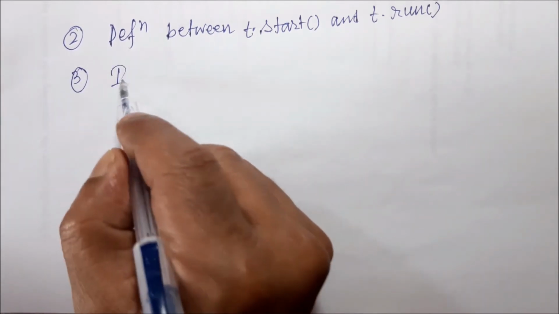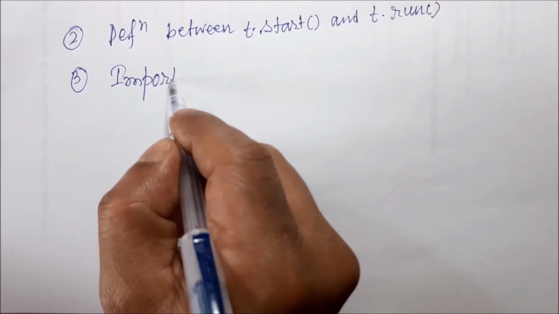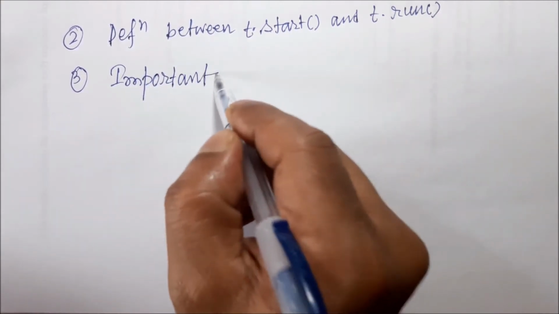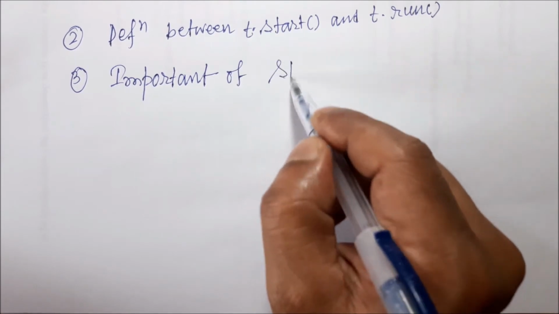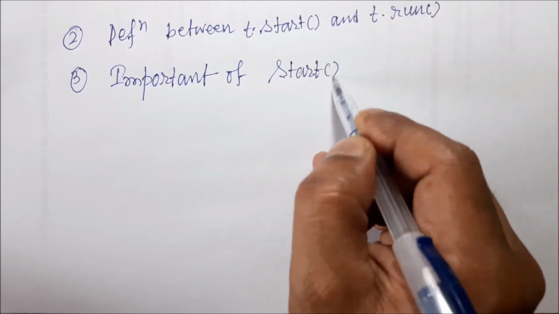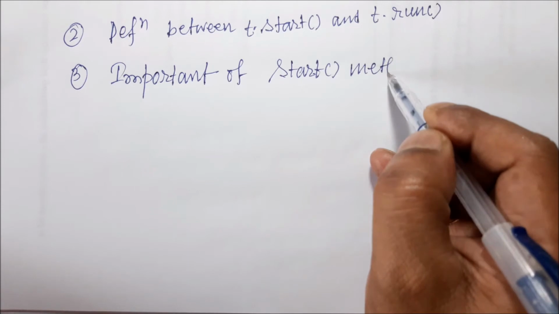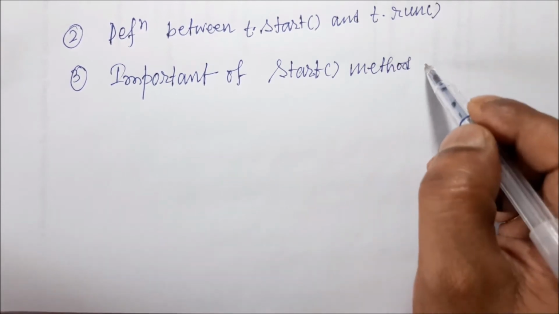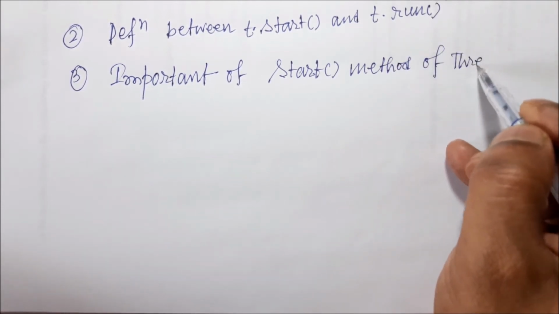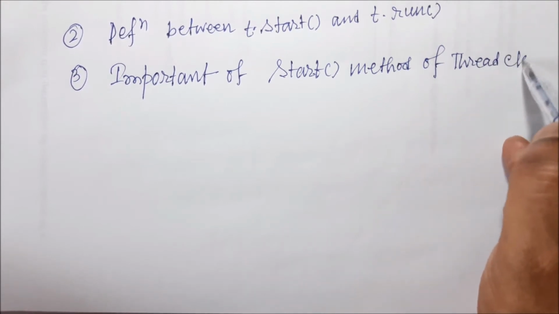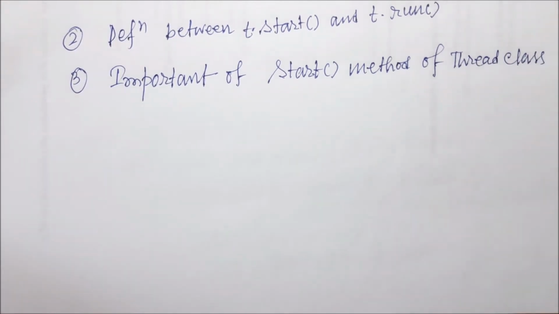What is the importance of the start method of the thread class? The Thread class start method is responsible for registering the thread with the thread scheduler, along with all other mandatory activities.